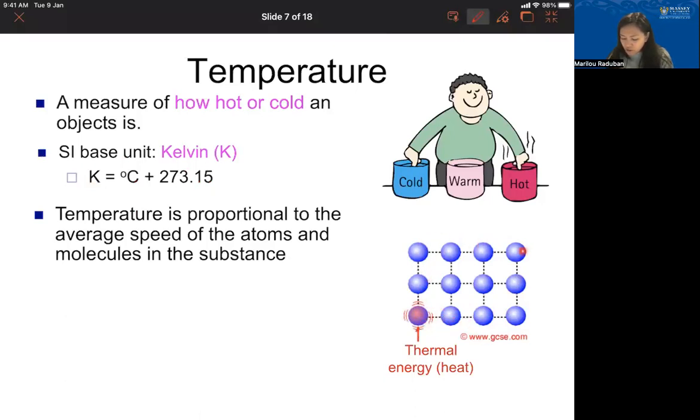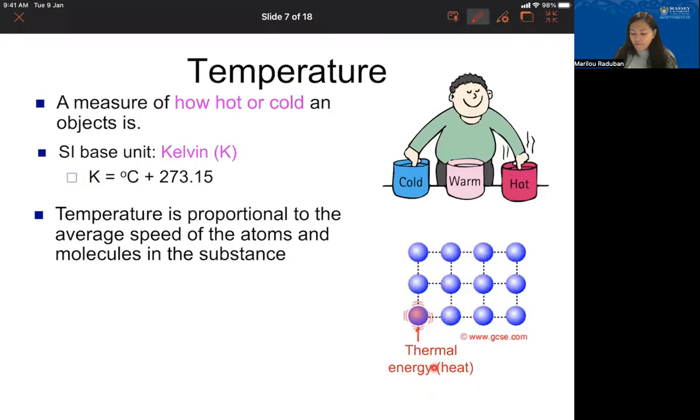So these are individual atoms and, let's say, molecules in the material. The temperature of the object will actually affect how the atoms behave. So the temperature will cause the atoms to move. We will see in the next lecture that temperature is a manifestation of a form of energy called heat.